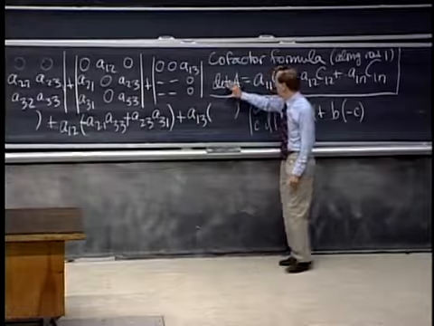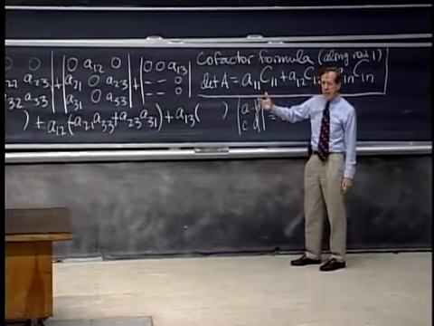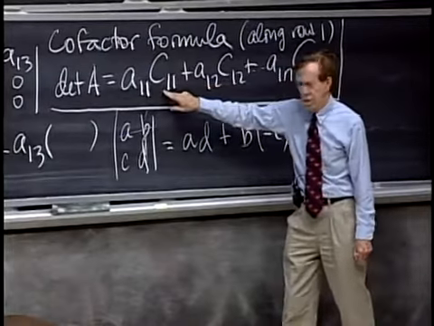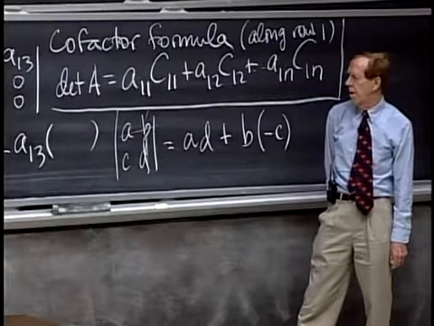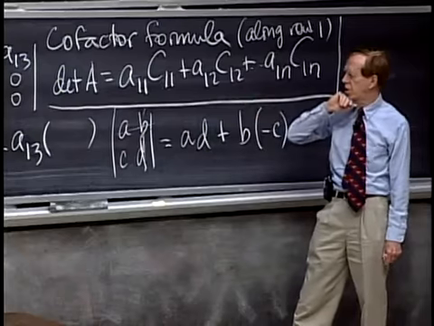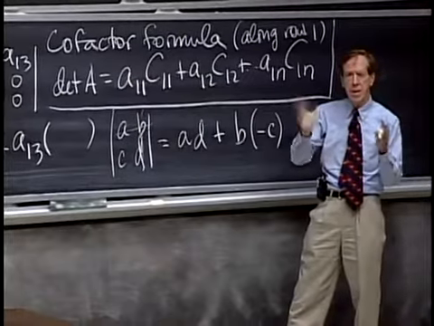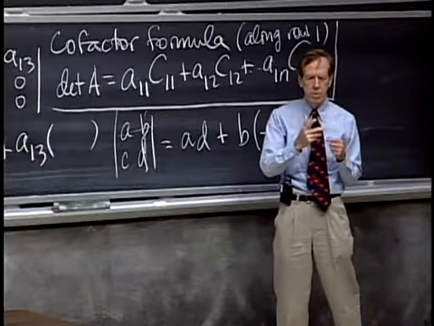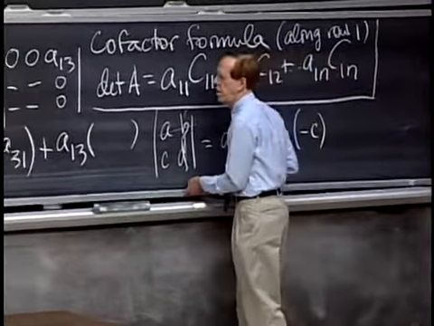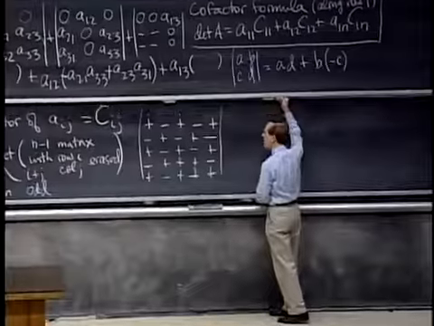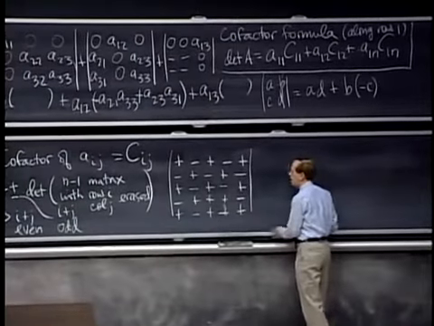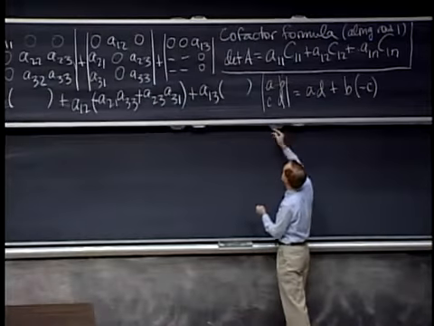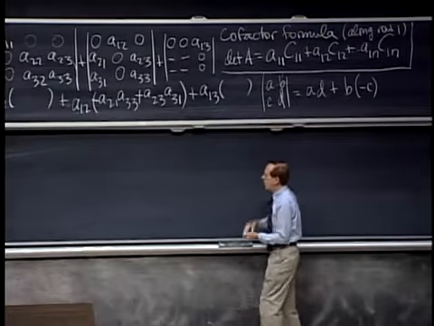And the cofactor formula is like in between. It's got easy stuff times horrible stuff, basically. But it shows you how to get determinants from smaller determinants, and that's the application that I now want to make. So may I do one more example?